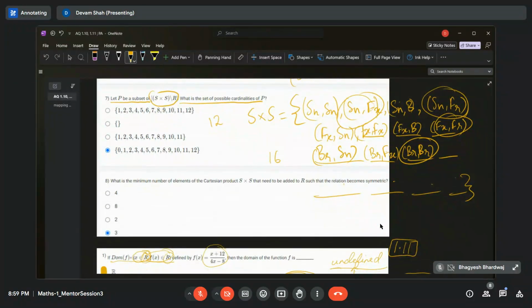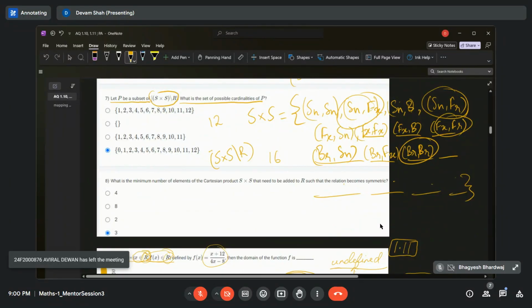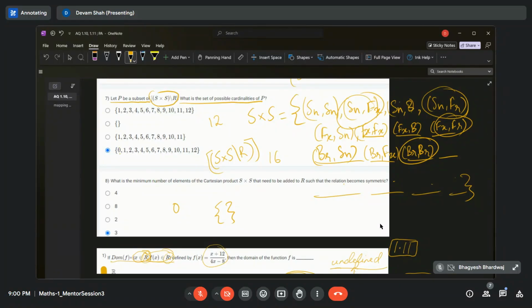After getting 12, you are finding subsets of this. A subset of this can have 0 elements, since even the empty set is a subset, right? It can have any one element, snail, snail.